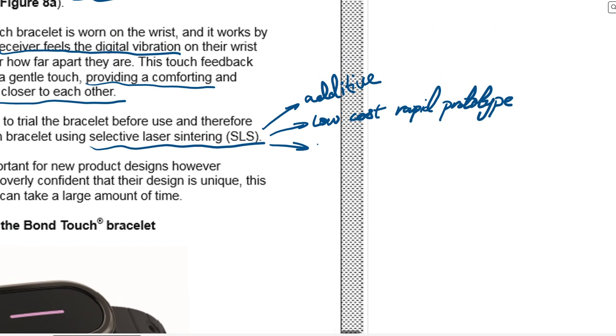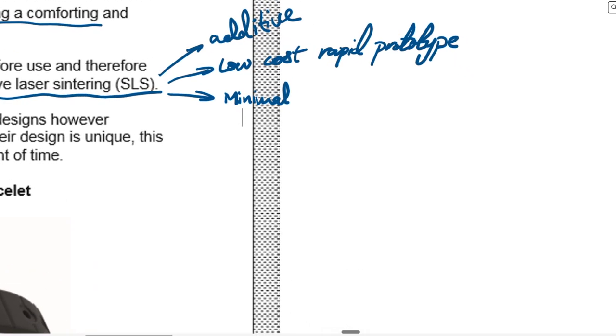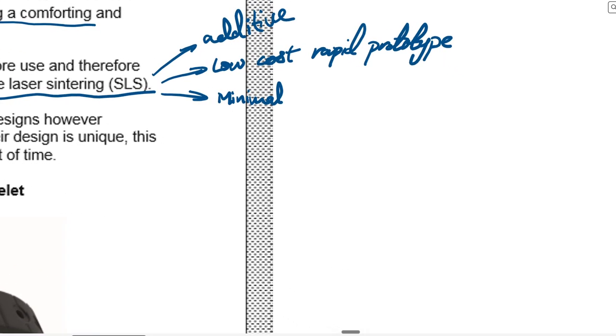So no supports needed, because it's essentially a laser that hits this bed of powder that's heated, and it essentially sinters, which means burns and combines these powders into creating a solid product.